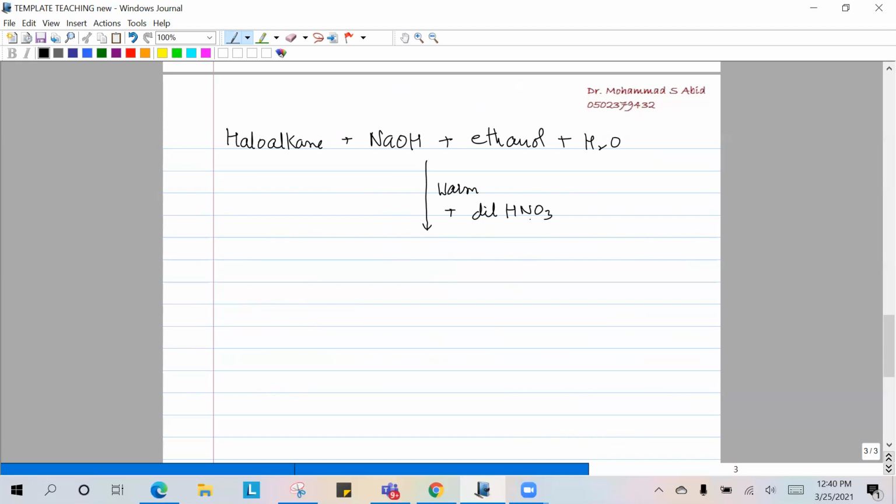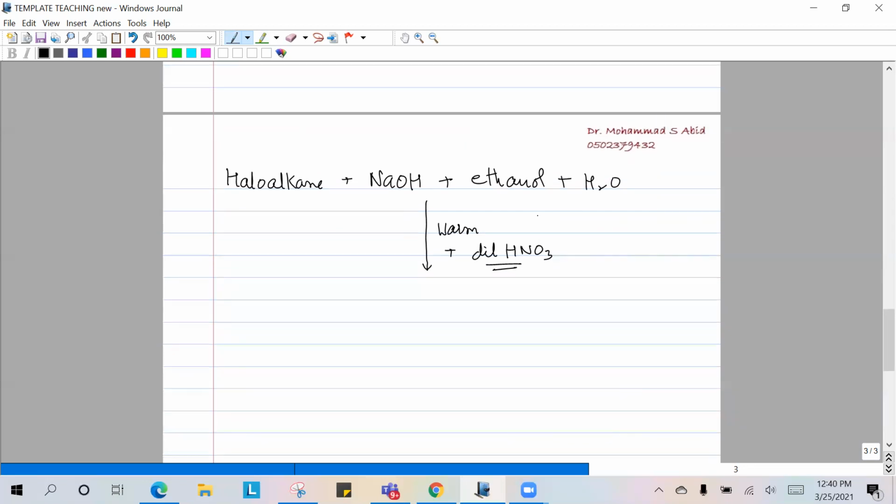Now, sometimes in your exam, they may ask about this. Sometimes they don't ask about it. Dilute nitric acid. Now, why are you adding dilute nitric acid? One of the important things, we did this before, was to remove the carbonate impurities, but that was in inorganic chemistry where carbonate is one of the impurities in most cases. But here, why are you adding it?